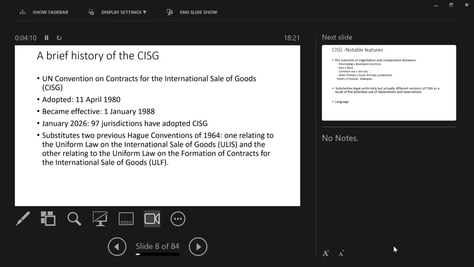And one of the ones that has been most widely used is what is called the CISG, the UN Convention on Contracts for the International Sale of Goods. Adopted in 1980, it became effective in 1988. As of the beginning of this year, it has been adopted across 97 different jurisdictions.